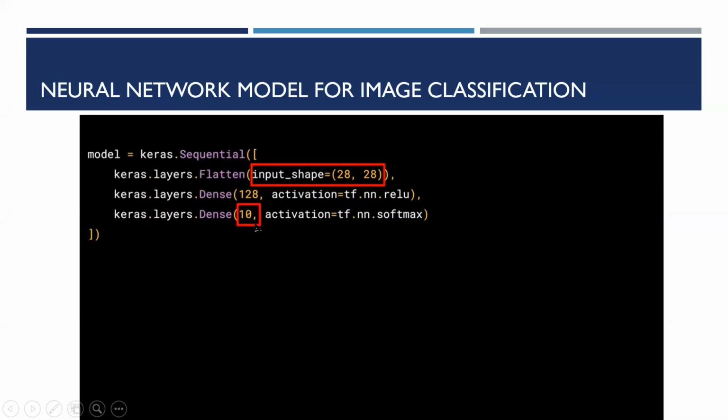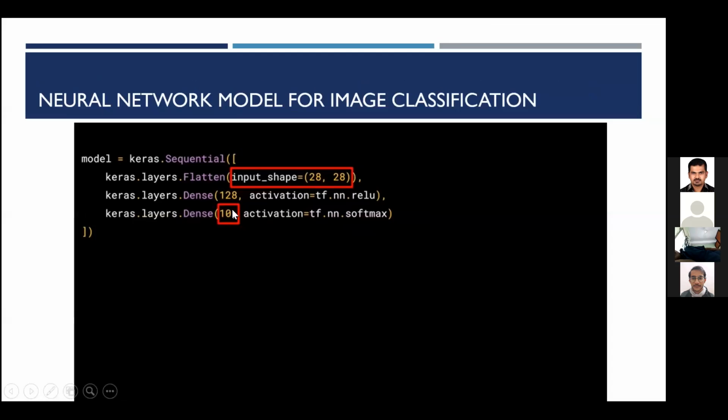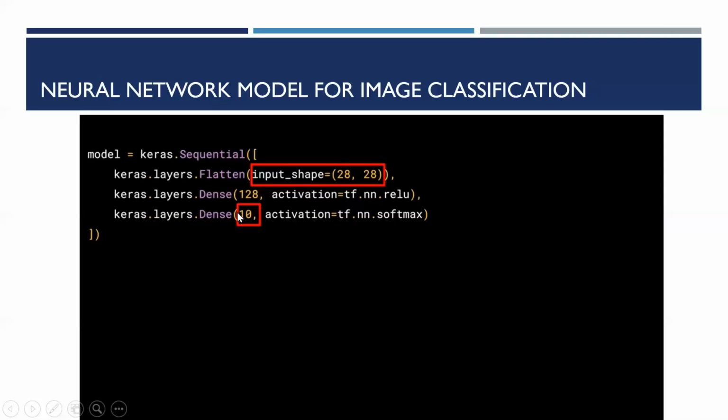Even though I know that you have not fully understood what an activation function is, or what ReLU or softmax is, just understand that you are giving the input, doing some processing here in between, so you are defining 128 neurons here, and finally you need to get 10 classes, and that's why you have this 10 here.